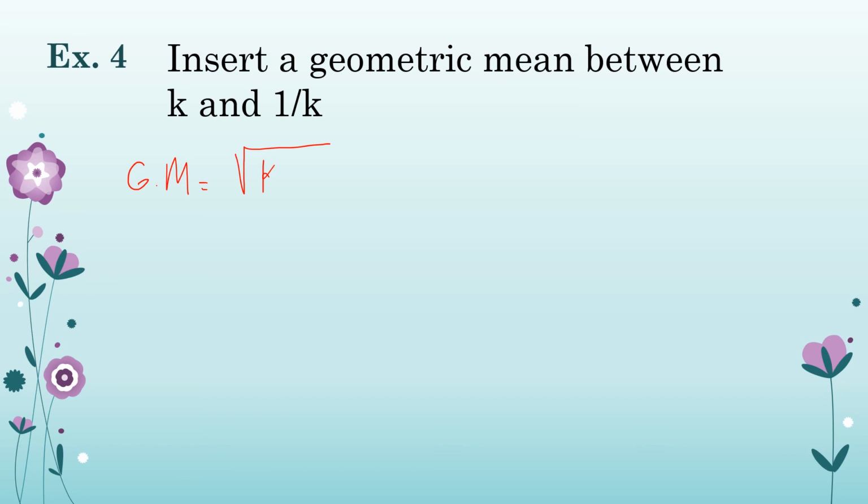So these are k and 1 over k. So that is actually equal to the square root of 1 because k times 1 over k is k over k or 1. So therefore, the geometric mean, which is actually equal to a sub 2, is no other than 1. Okay, is it clear?